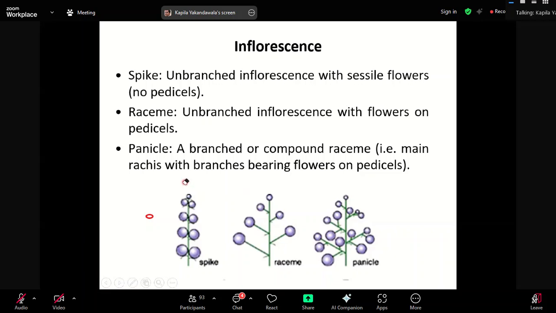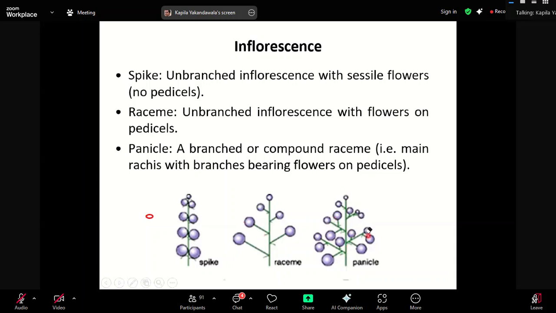Third one, panicle. The axis is divided into branches, and branches have flowers. So you call it panicle. So initially, axis, no pedicels. Axis with pedicels.